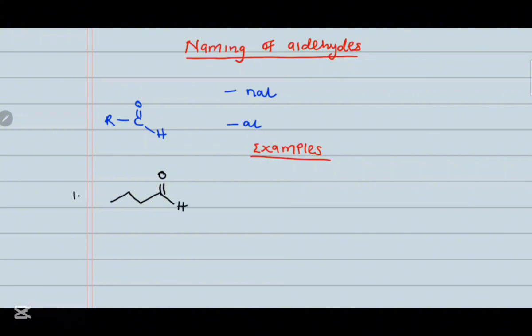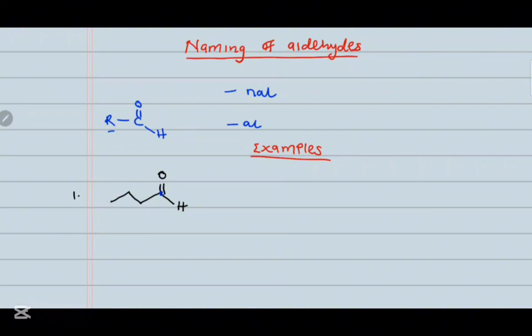If you check, this R group is the same R group starting from here going this way. And this is a carbon bearing oxygen and hydrogen at the end of a carbon chain.